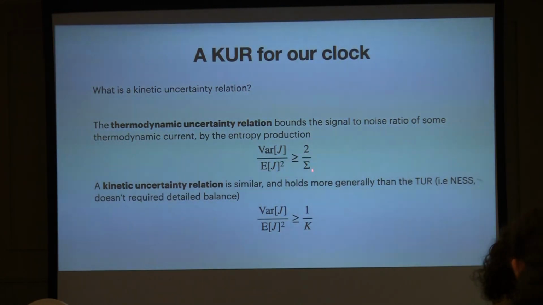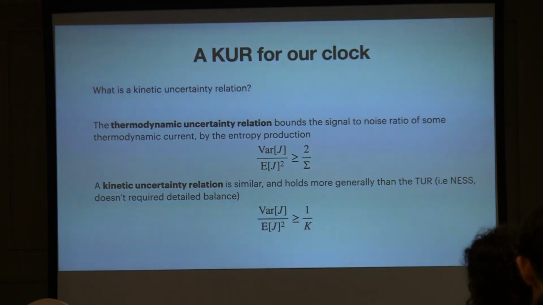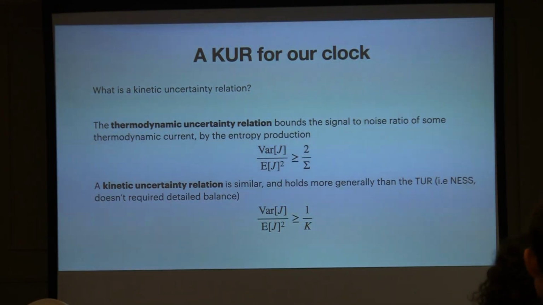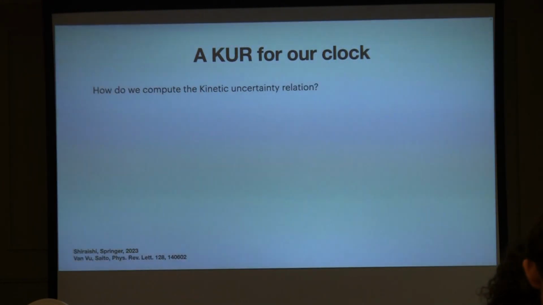And instead of being bounded by the entropy production, you're bounded by this quantity called K, which is the dynamical activity, which is basically a measure of how active the system is. If you had quantum jumps, it would be the sum total of the number of jumps that occur. As you can see in our system, as we're measuring sigma z, we don't have jumps, we don't have detailed balance, but it's actually related to the rate of measurement in our case.